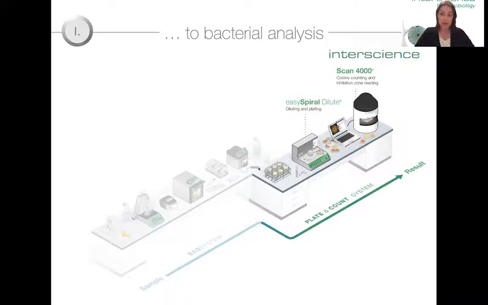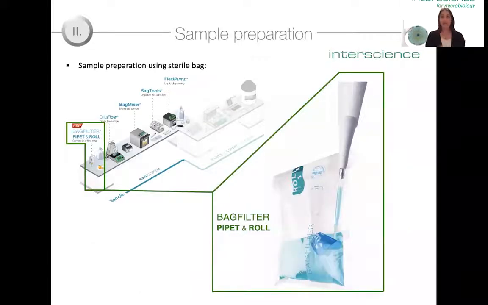This step also lets you digitalize that process and keep a record for those of you who now comply with CFR 21 Part 11. So today we'll talk about the left part of this lab here, the sample preparation part. And the answer to this question of how do you prevent cross-contamination in this process, for me, starts with the sterile bags that you use.